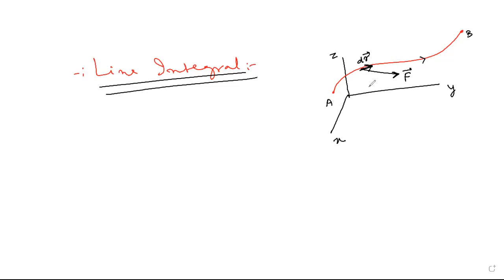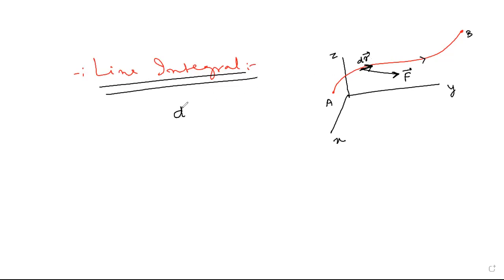We are interested in calculating the work done by this force F acting on the particle which moves from point A to point B along the path shown. So we divide this curve into infinite small displacements dr and find the work done by the force F for each displacement.